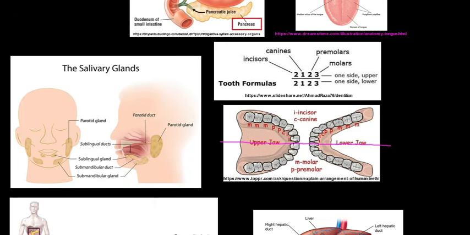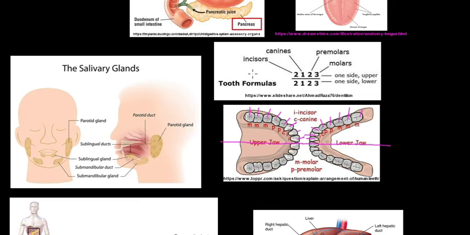So in humans, we have 2 incisors, these ones over here, 1 canine, 2 premolars, and then 3 molar teeth. That's just on the one side of the upper jaw. On the lower jaw it will be the same, so 2 incisors, 1 canine, 2 premolars, and then 3 molar teeth. And that will then be repeated on the other half.